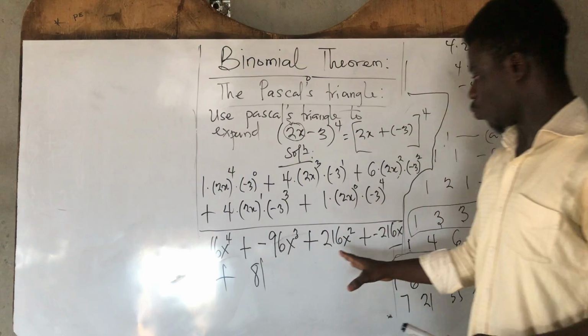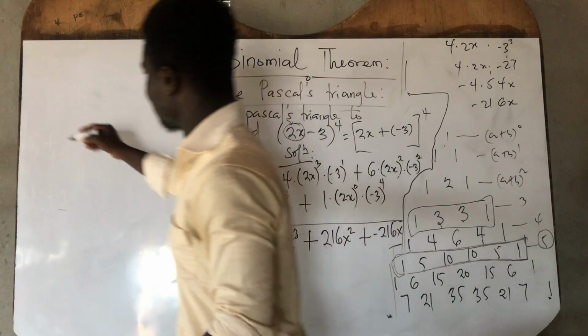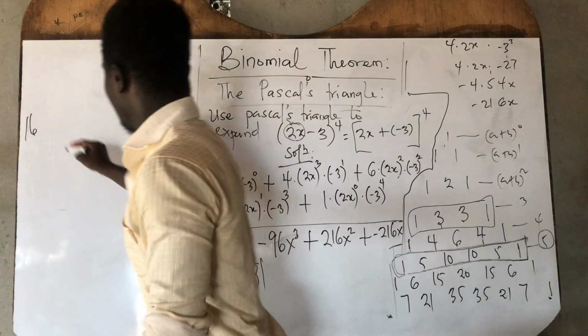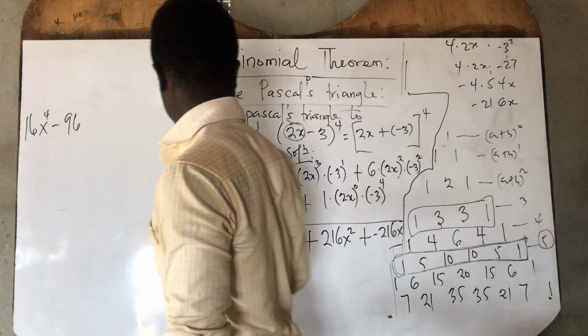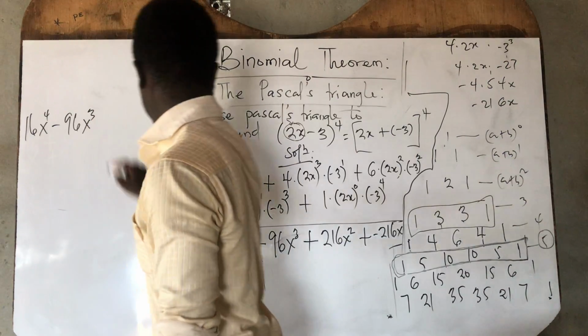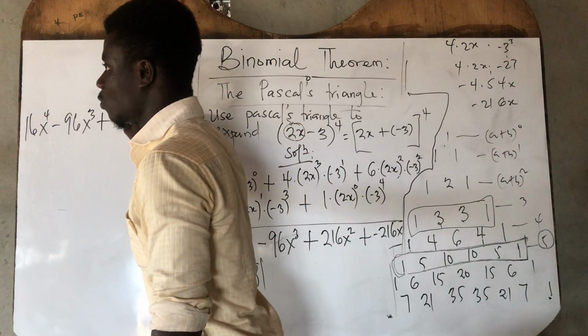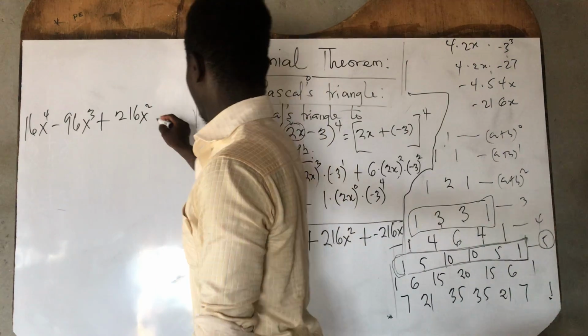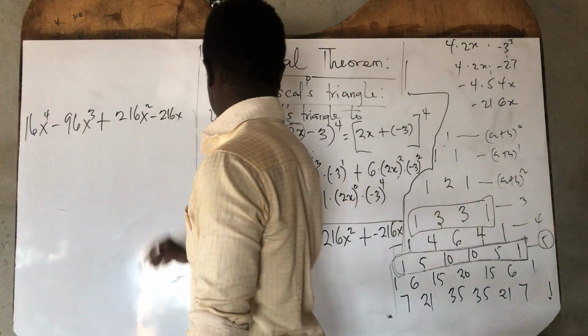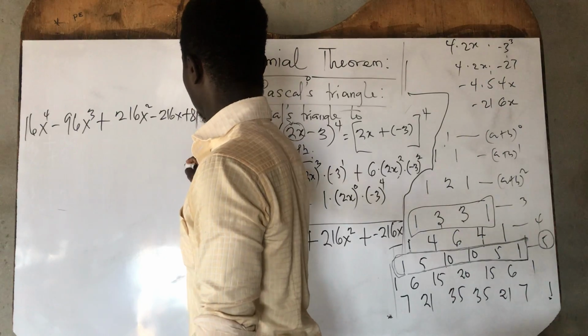Right. So now I can write this. If I'm writing it well, I can write it as 16x^4 minus 96x^3 plus 216x^2 minus 216x, then plus 81.